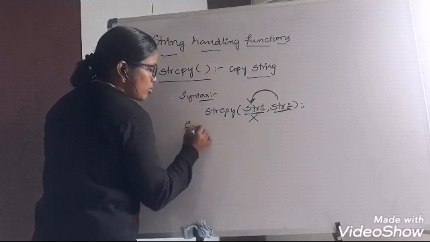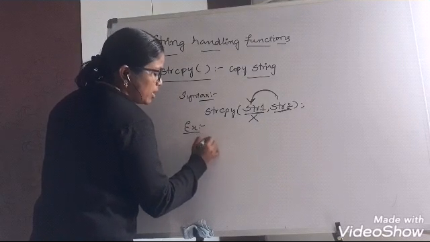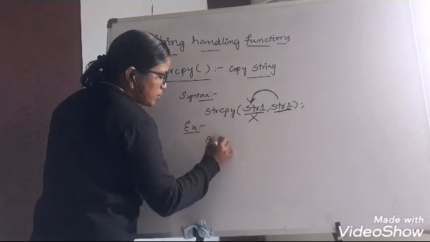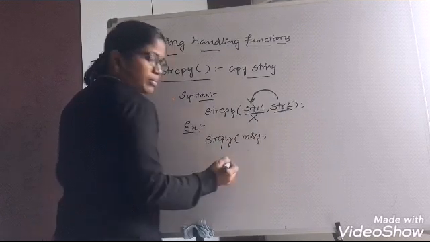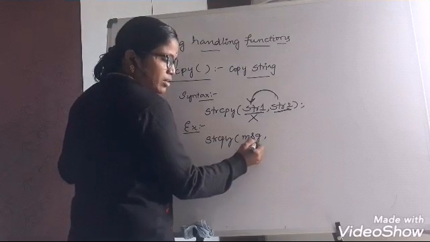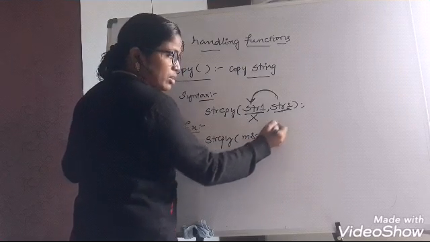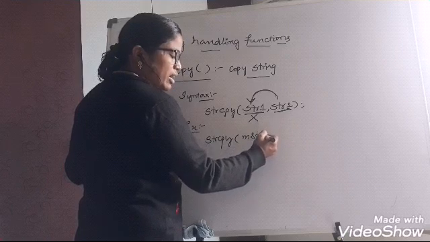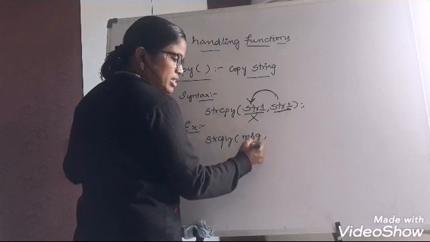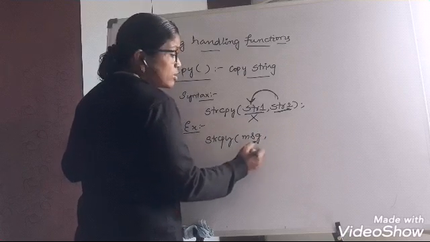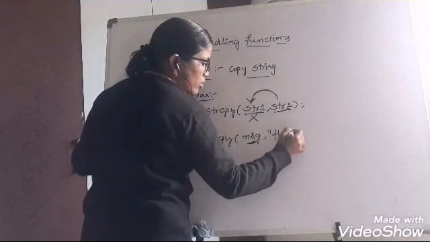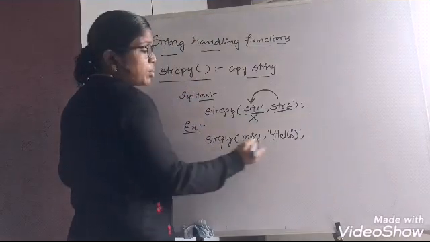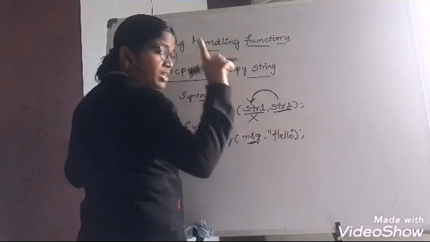Suppose I will show you an example. strcpy(message, "hello"). Here message is my destination, and suppose this is my string 1, "hello". Remember, every string must be enclosed in double quotes.